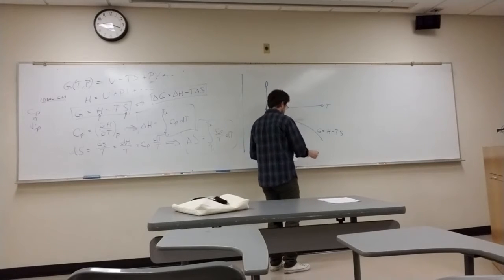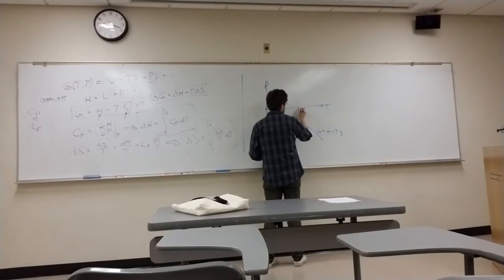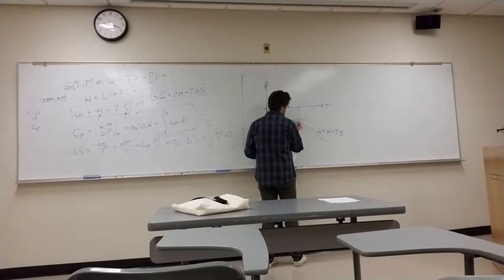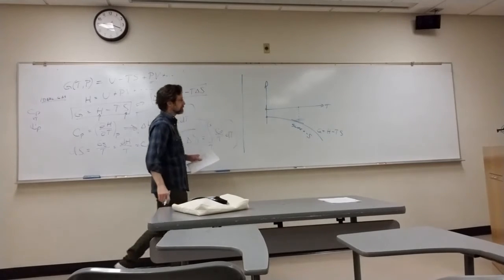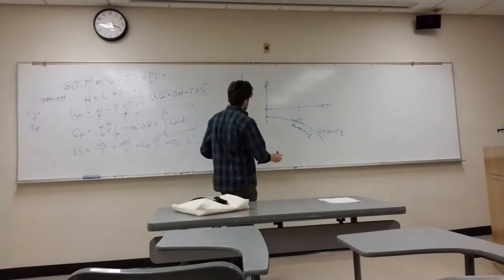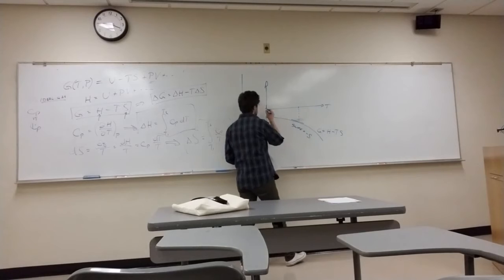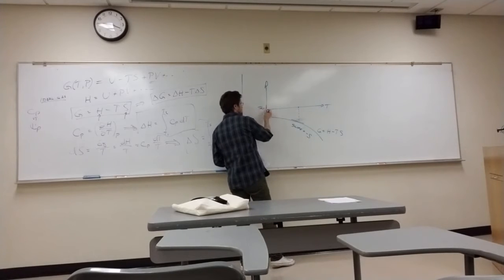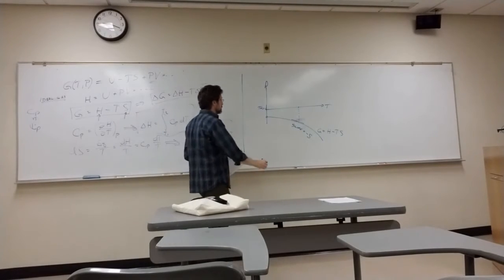In this case, at any particular temperature, the slope is equal to negative entropy. And then at T equals 0, here the enthalpy and the free energy are equal.